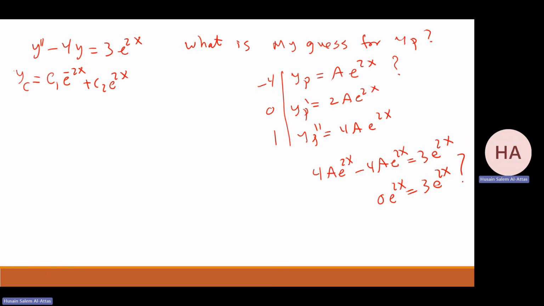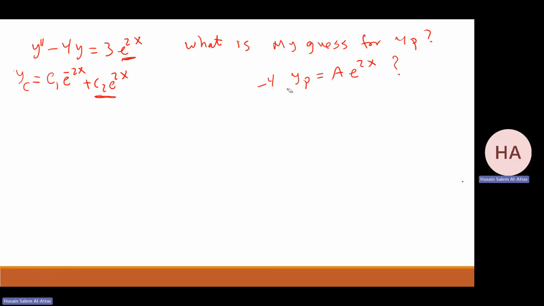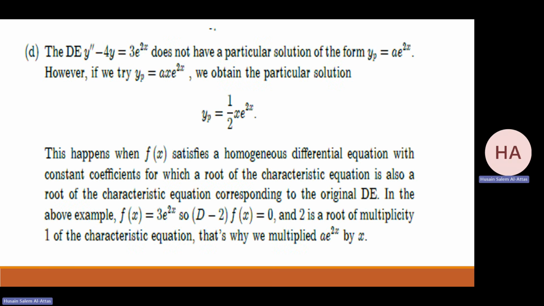What do you notice? I notice, because of that, it's good to find yc. The yc contains e to the power 2x, the same one as that one. So this is what we call the case of duplication.